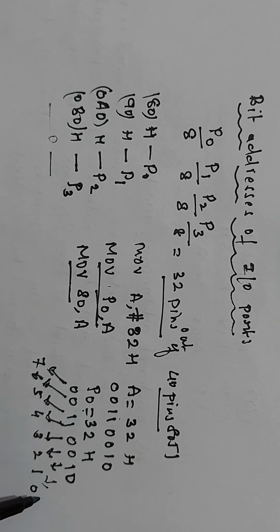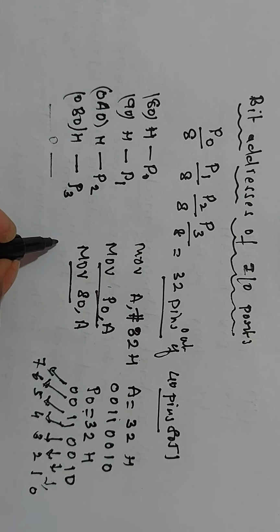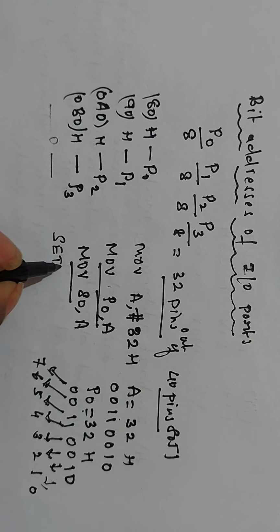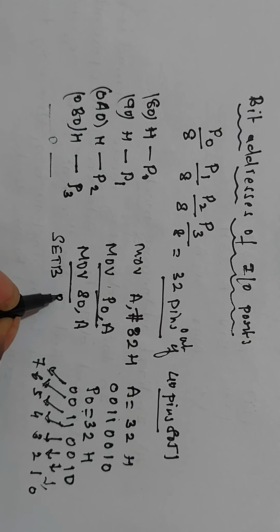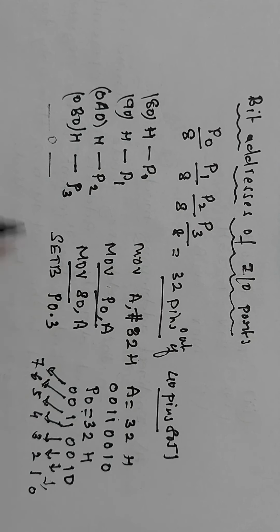Now among these 8 bits, you can set any one bit or you can clear any one bit. Being bit addressable, you can use the instructions SETB and CLR. Suppose I write SETB P0.3, this shows that the third bit of port P0 is set to 1.